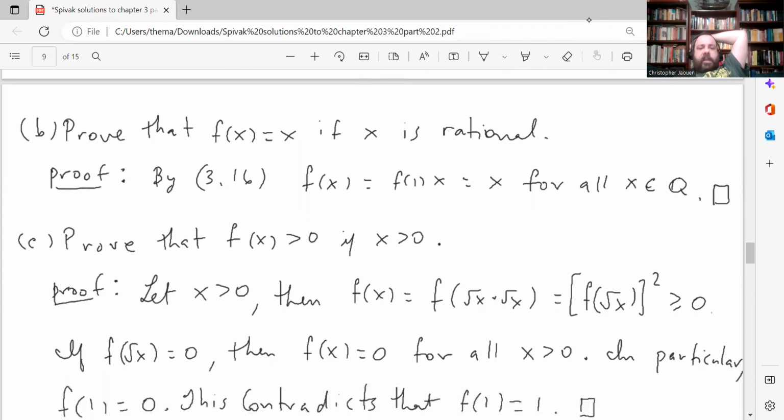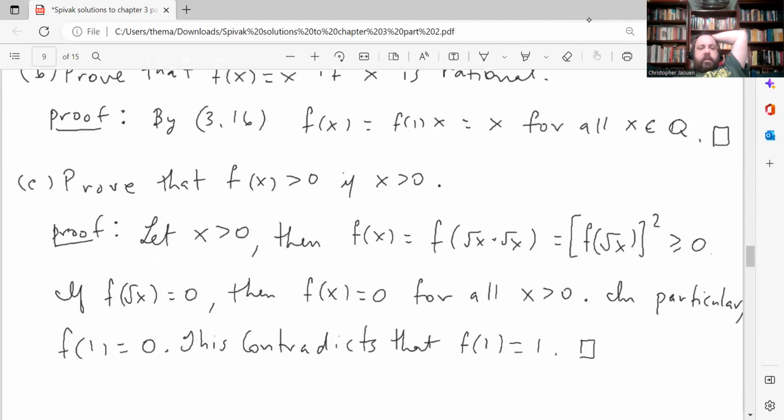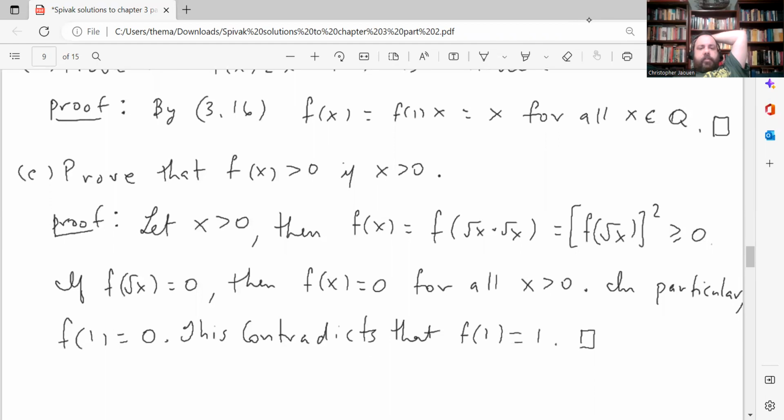Right, part C, prove that f of x is greater than 0 if x is greater than 0. All right, so here's the proof. Let x be greater than 0. Then f of x you can write as f of square root x times square root of x. We can do that because x is positive, so it has a square root. And again, using that second functional equation, that's the same thing as f of square root of x, squared.